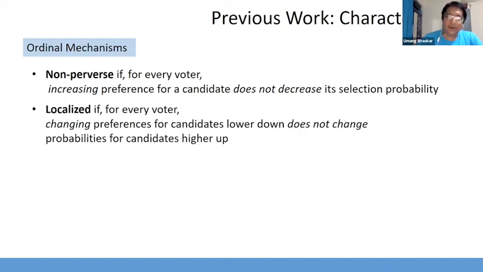I'm going to say an ordinal mechanism is localized if, supposing you change the positions of some candidates lower down in a voter's preference order, this does not affect the probability of selection of any candidate higher up. So the change in the probability distribution is going to be localized. Let's take a quick example.